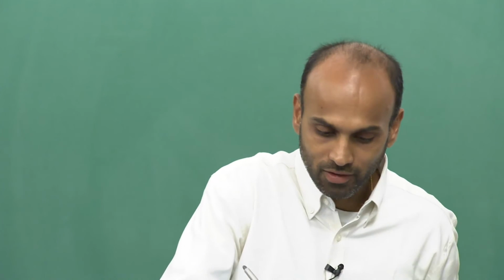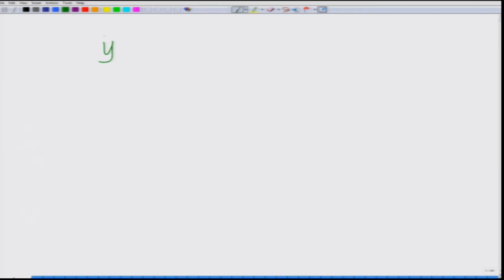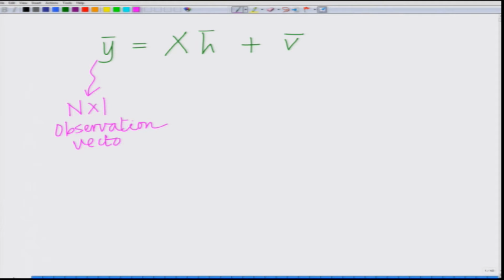So, the system model that we have considered is y bar equals X h bar plus v bar, okay. This y bar is your N cross 1 observation vector, X is the N cross M pilot matrix.